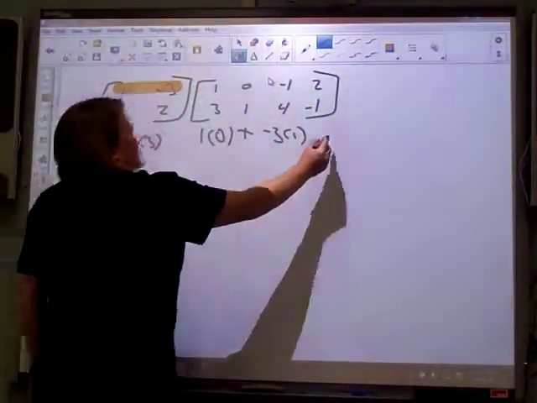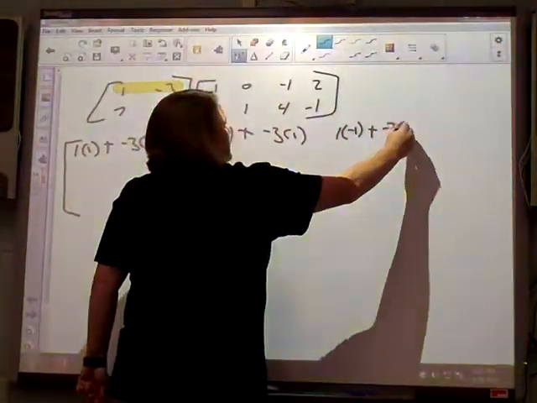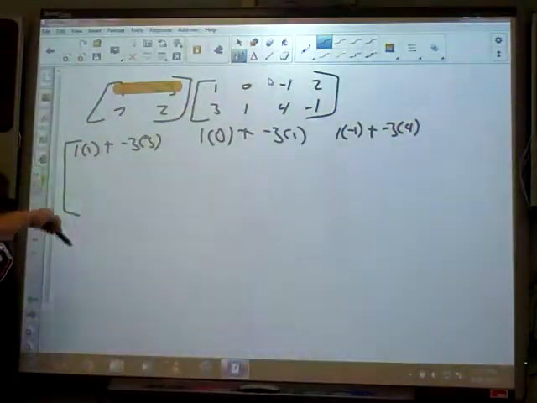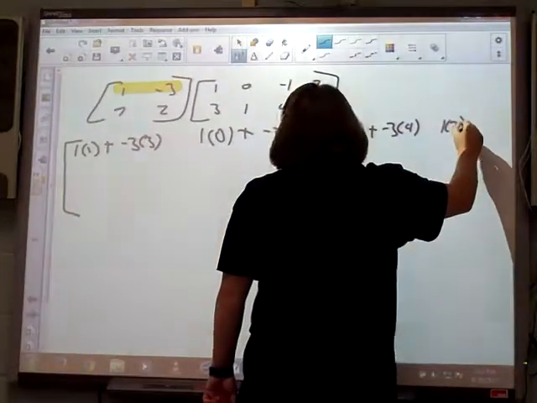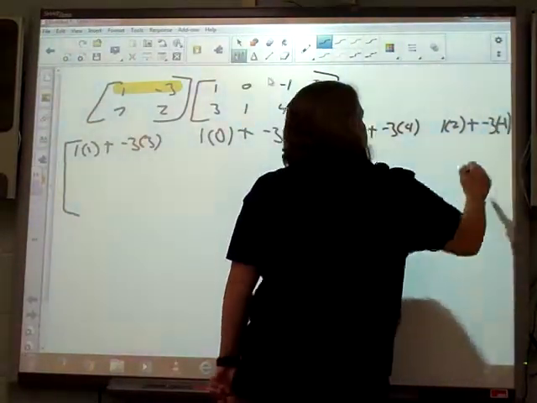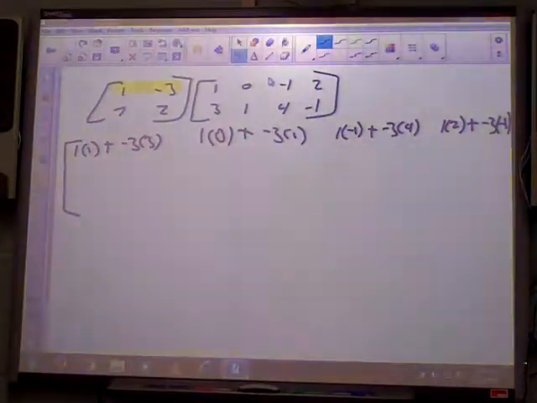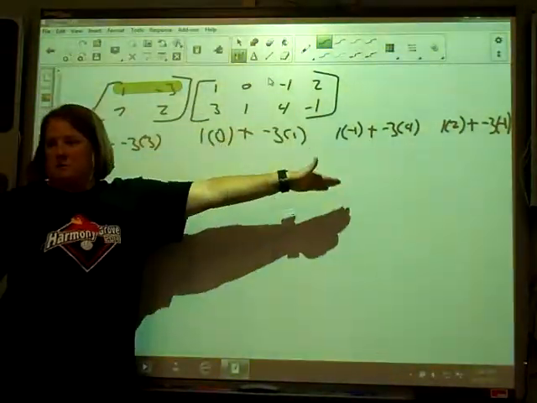So I'm going to have 1 times -1 plus -3 times 4. Then one more time for the last one: 1 times 2 plus -3 times -1. So we've taken that first row to all of those.